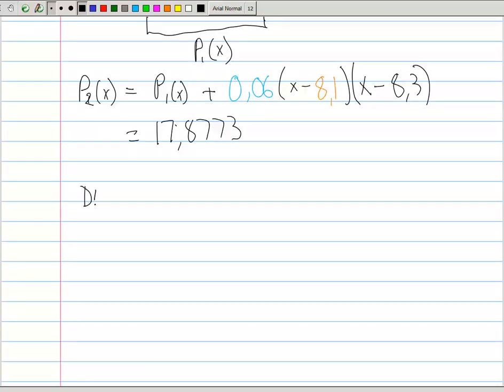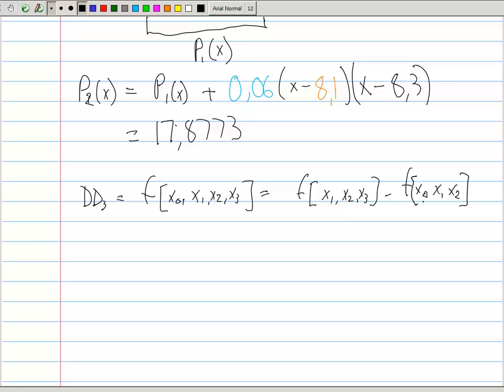So a dd3, which is going to be f of x0, x1, x2 and x3, all the values, is equal to f of x1, x2, x3 minus f of x0, x1, x2, divided by our largest x term, which is x3, minus our smallest, x0.